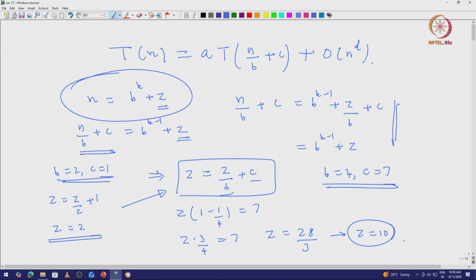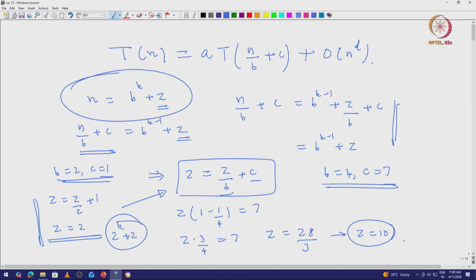z equal to z by 2 plus 1 means bring z on this side. That is the reason why we worked with the infinite series 2 power k plus 2. It worked for us because of this property that we want to maintain.